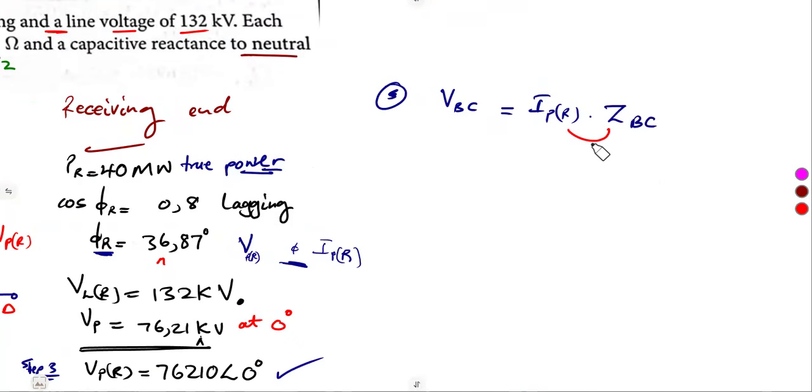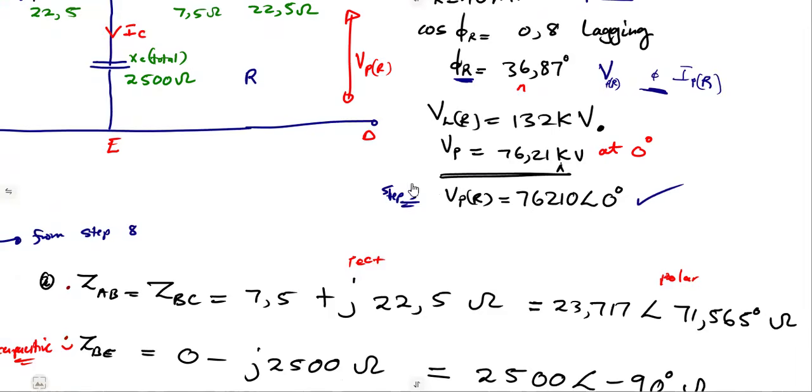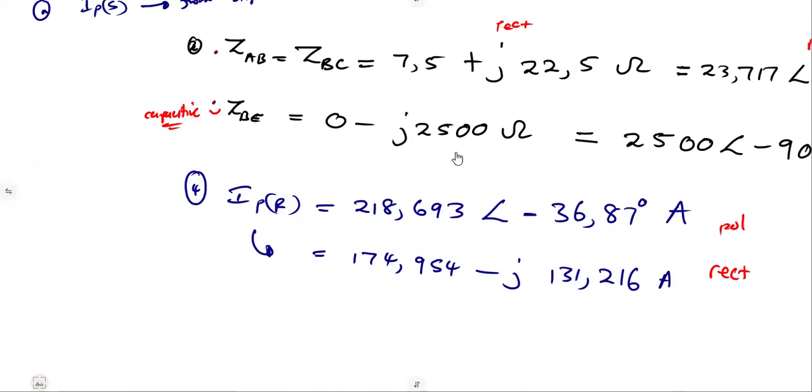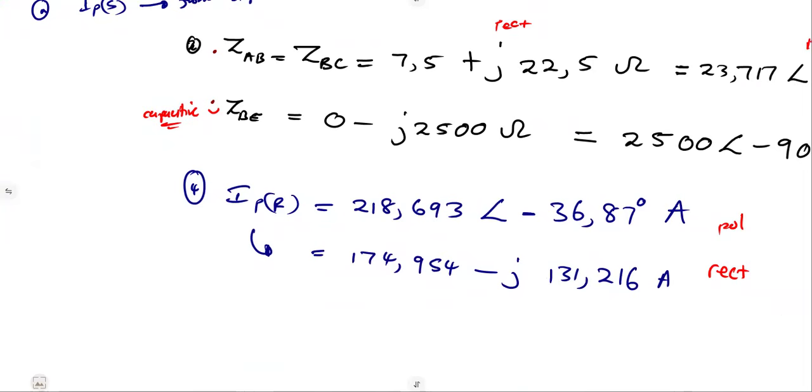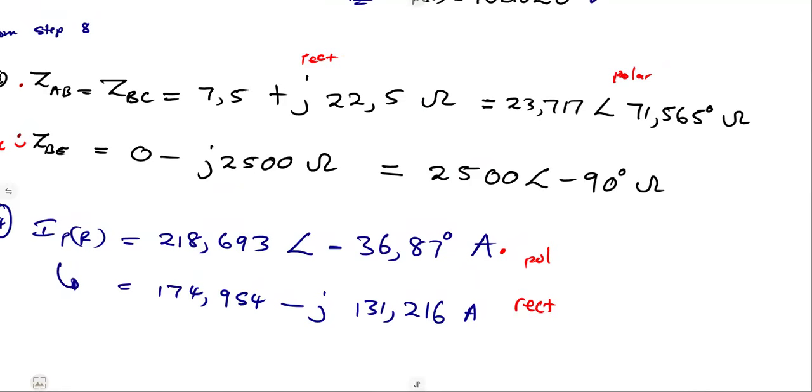A product is best done in polar form, and all these we have in polar form. Guys, just take note of the values so that I do not keep on shifting like this. The impedance across B and C is the same as across A and B, the one that we calculated here.